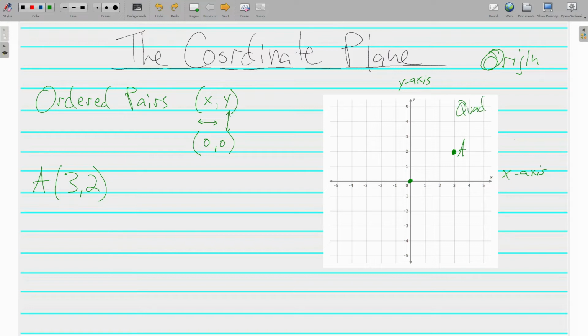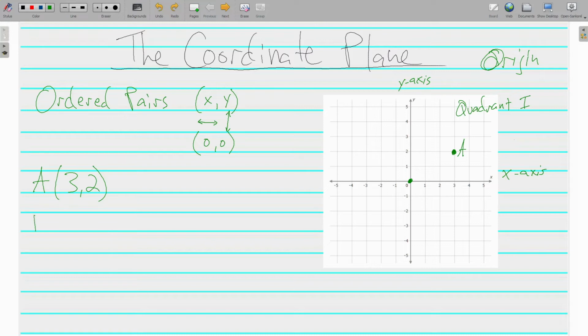As you can see, the coordinate plane is divided into 4 sections, or 4 quadrants. Quadrant 1, given in a Roman numeral, is up here in the top right, and both of our x and our y values were positive. Quadrant 1, everything's positive.